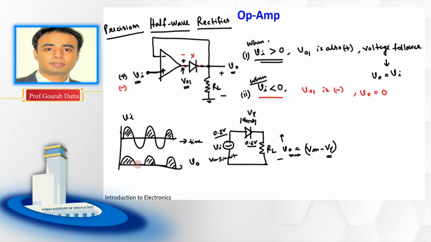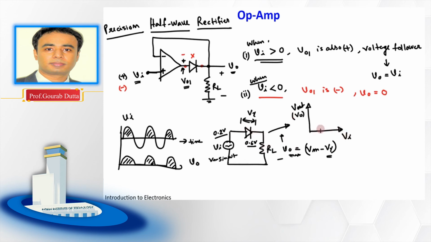Okay, so if you recall, for this rectifier we have actually drawn one characteristic which was like this. This is V output, or V0, and this is V input: output versus input voltage for the normal half wave rectifier.